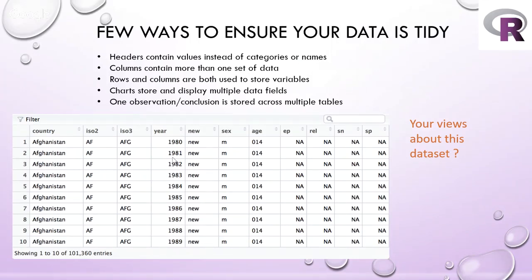You can see the headers like country look very meaningful, and age, but EP, REL, FN, and all the values in these columns are empty. So they are missing as well. I wouldn't recognize those ones constantly, but I recognize one as referral.